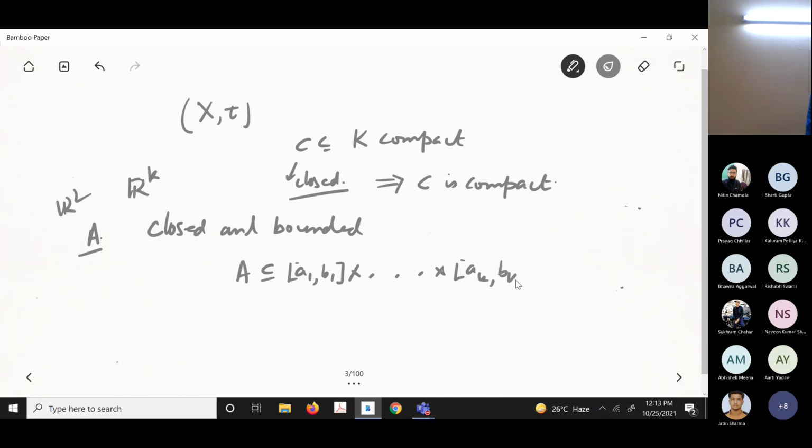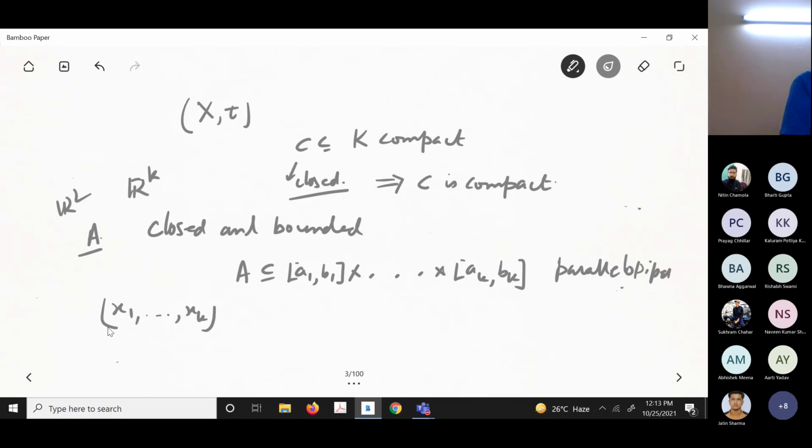Basically this is called a parallelepiped in 3 dimensions. If you have this, every coordinate point lies in this. I told you that it will be bounded in R square.